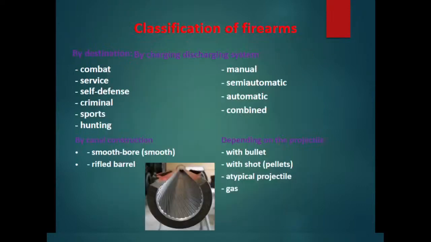Classification of firearm weapons. Firearm weapons could be classified by dividing them into certain groups. By their destination, they could be divided into combat weapons. These are designed to be used in particular military activities. Basically, these are combat actions of different types. Service weapon.